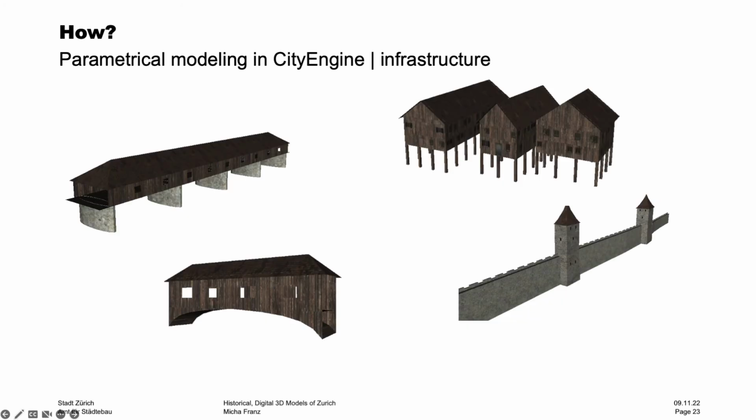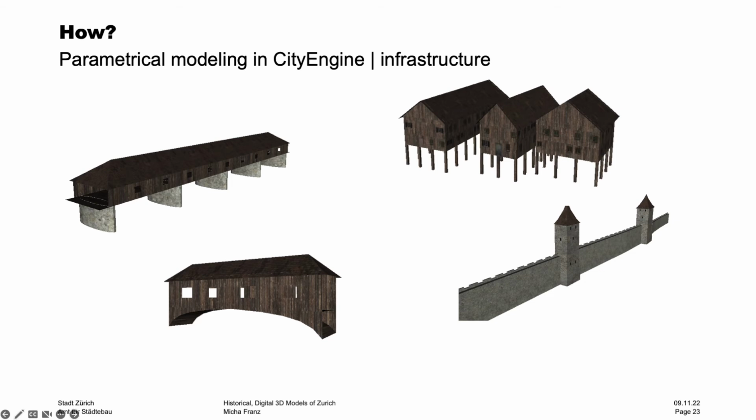Apart from the standard buildings, which made up the majority of all 3D elements, we also generated various infrastructure objects using the same ready-to-use textures. Here, for example, we have a couple of bridges and the inner wall around the old town, and some buildings that were on top of the river with some poles.